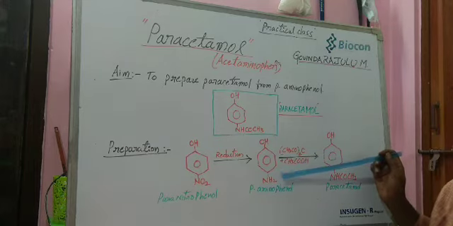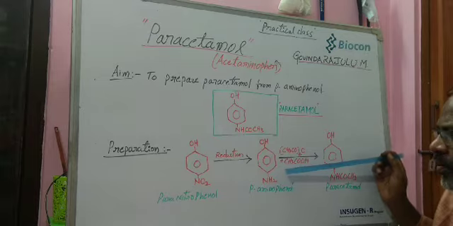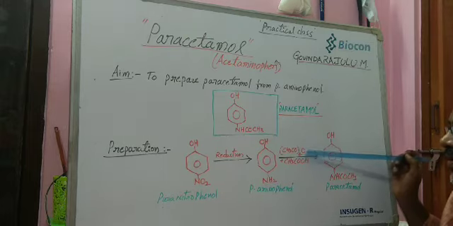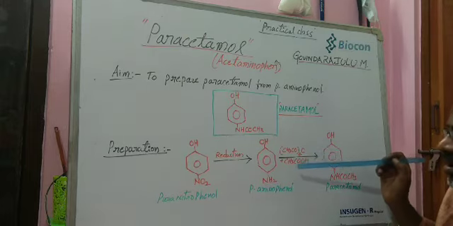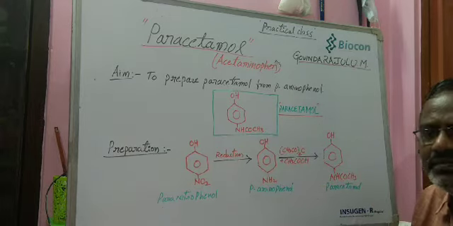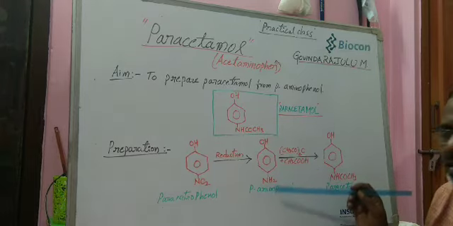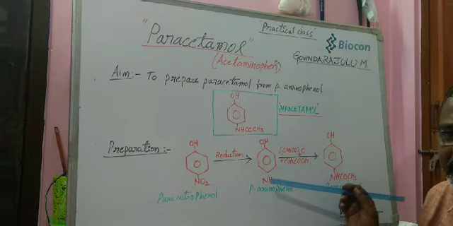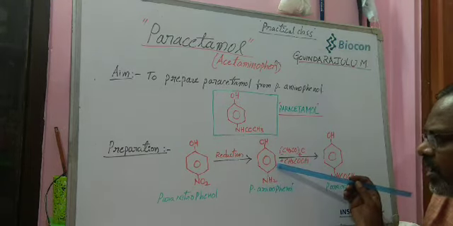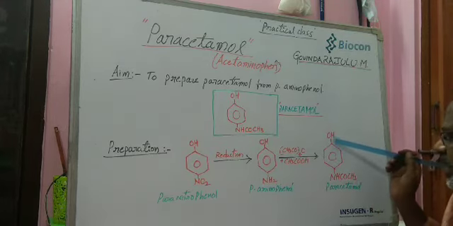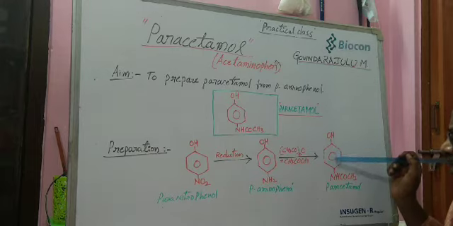After formation of para-aminophenol, we have to add acetic anhydride, CH3CO taken twice O, or glacial acetic acid, to the para-aminophenol. Then the reaction takes place between para-aminophenol and acetic anhydride or glacial acetic acid. Finally the white crystal-like substance is obtained, that is paracetamol.